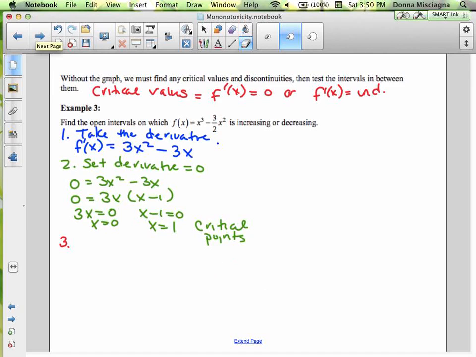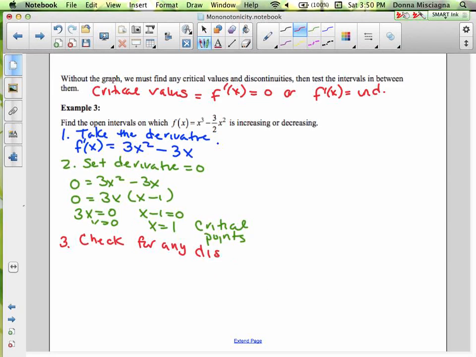So the 2 things that we're checking for: any discontinuities, because if we had a discontinuity, then our derivative wouldn't be defined there. So check for any discontinuities or values where the derivative is undefined. I want to put the discontinuities first, because you may notice those before you would notice the derivative being undefined.